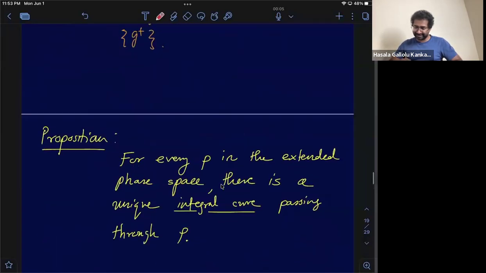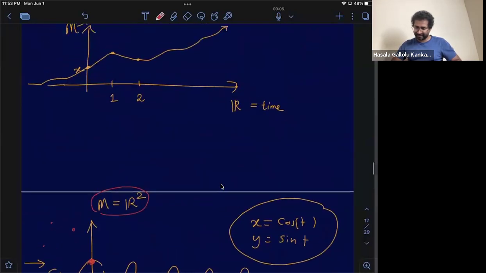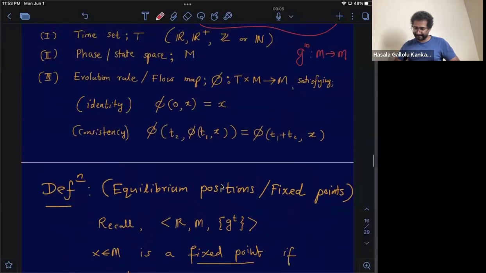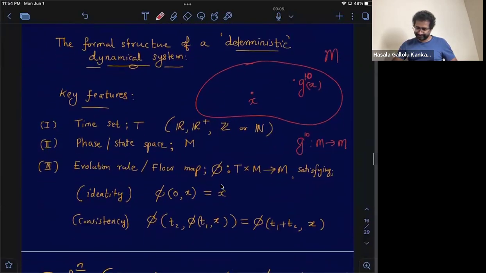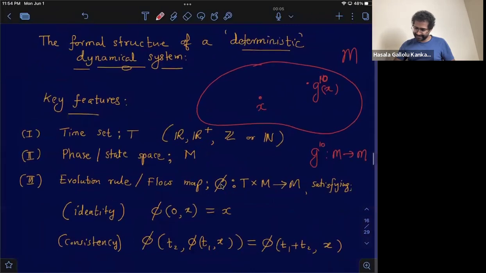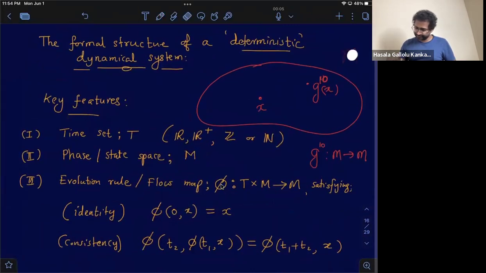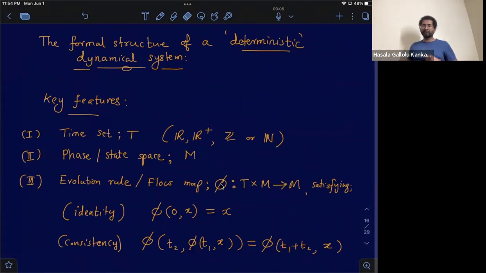Let me just bring it back to this image. I copied this one from the previous conversation that we already had. And this is the general form of a deterministic dynamical system. Hey, look at this.